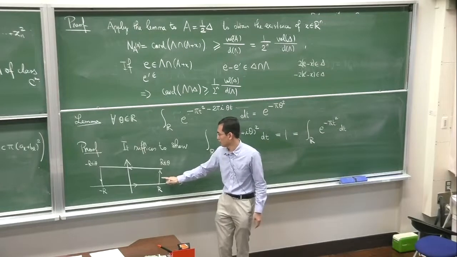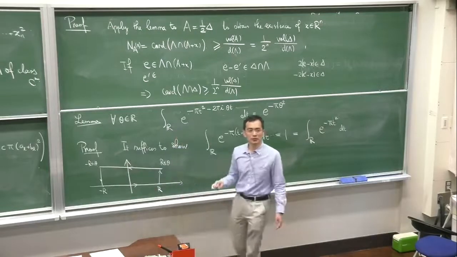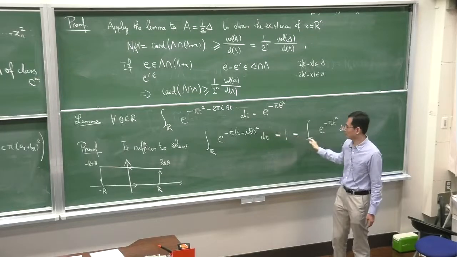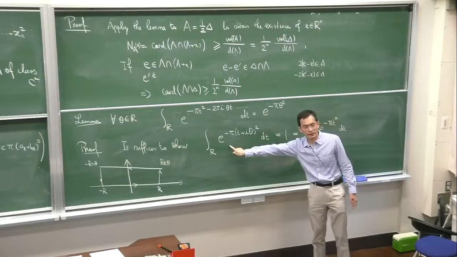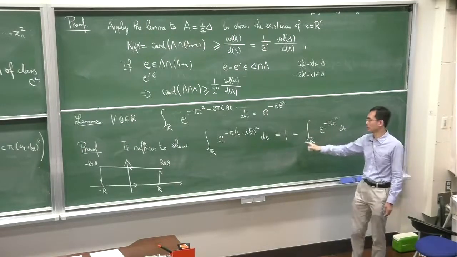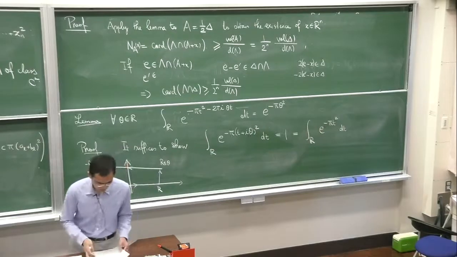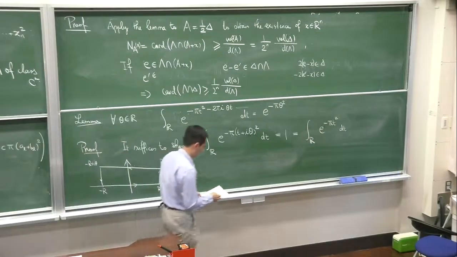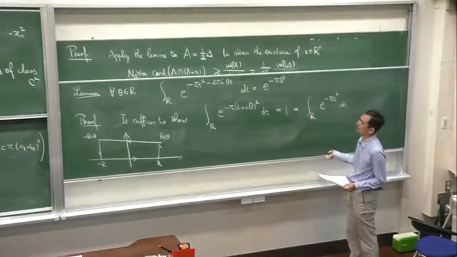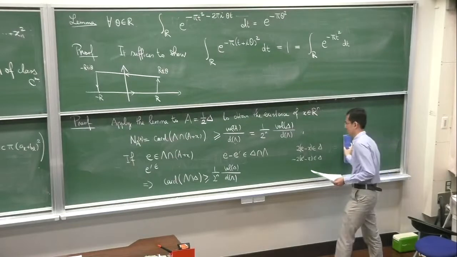The contribution of the integral along this side and this side will go to 0 when r tends to infinity. And then it tells you that the integral like this and the integral like this are the same. So if the integral of this one is 1, so is that one. I let you complete the details. Especially this one is a very good exercise.